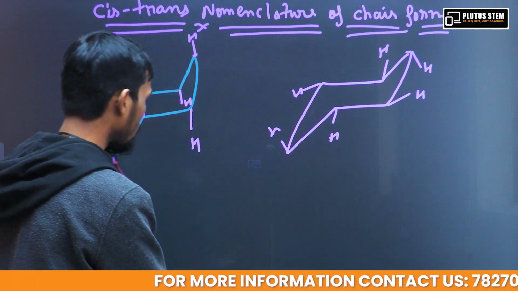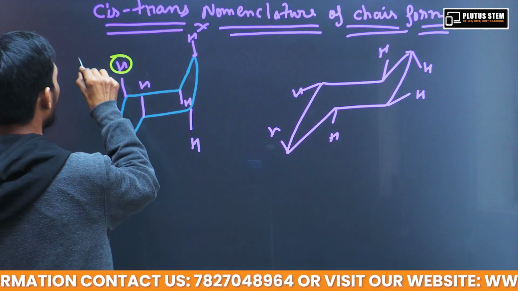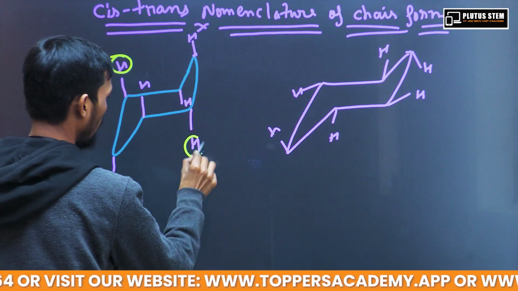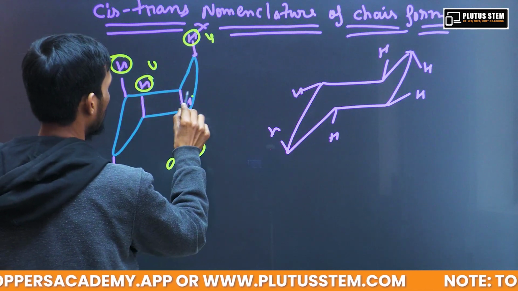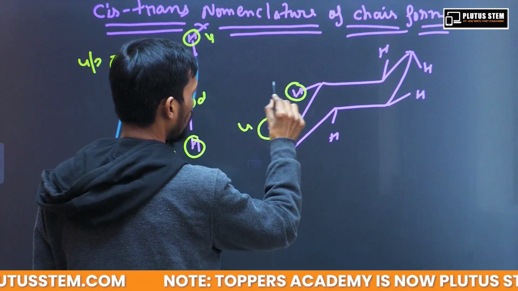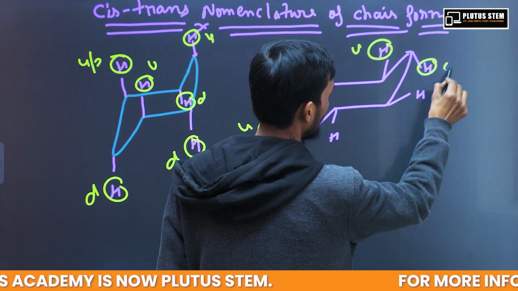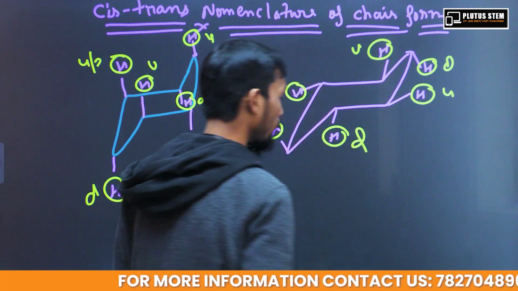The main difference over here is upside. This is up, then this is down, this is down, this is up, this is up, this is down. In equatorial, this is up position, this is down position, again up position and down position.